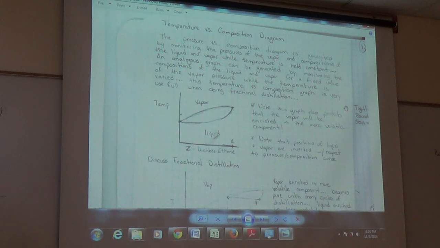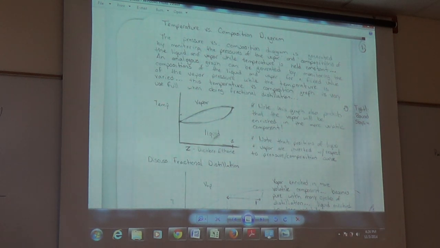This one has a lower temperature at which it reaches equilibrium between the liquid and the vapor, right? Whatever component is over here when x is equal to 0, so component B, reaches equilibrium between vapor and liquid at a lower temperature, therefore it's more volatile.